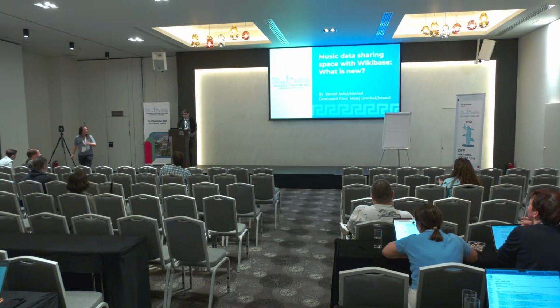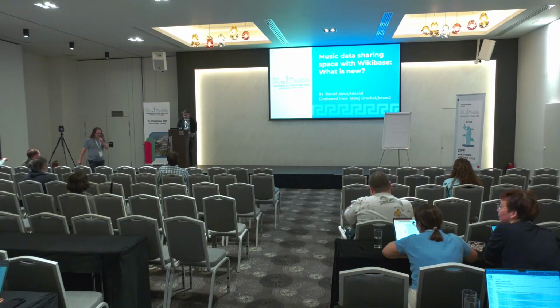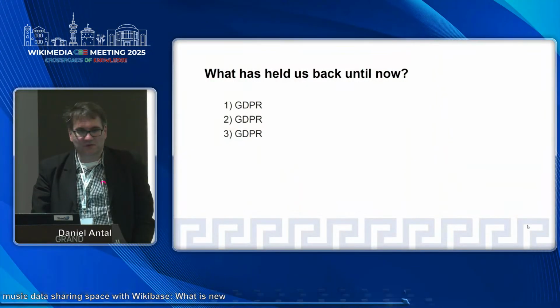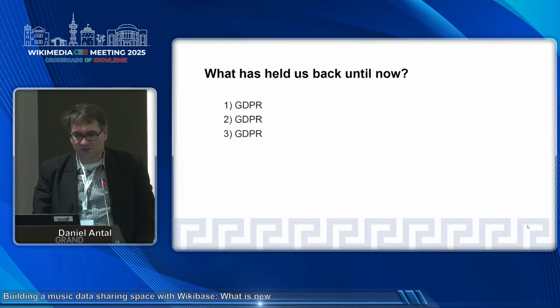Thank you very much. So I would like to put this into a larger perspective. We've been working on this project basically in the last 5 years to make this happen, so it is not a short time frame. What held us back I can name in 3 things: GDPR, and GDPR.